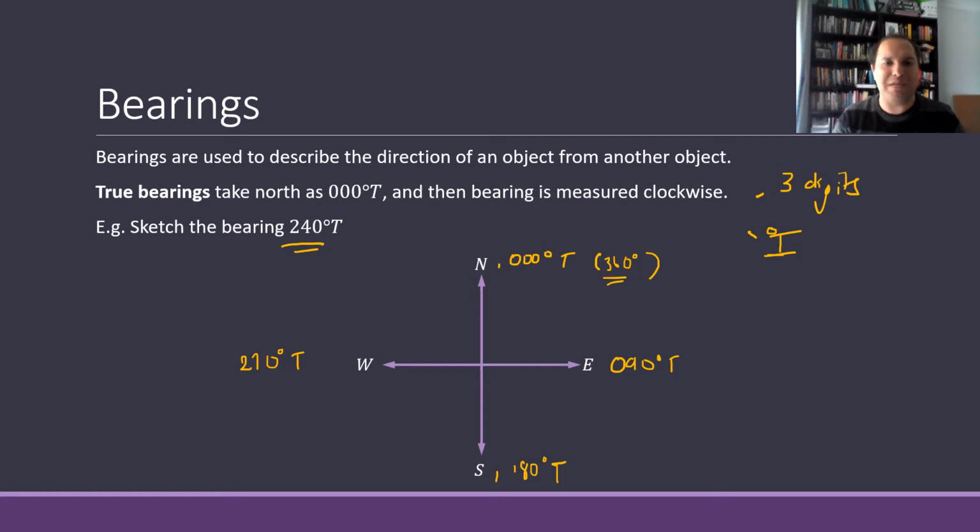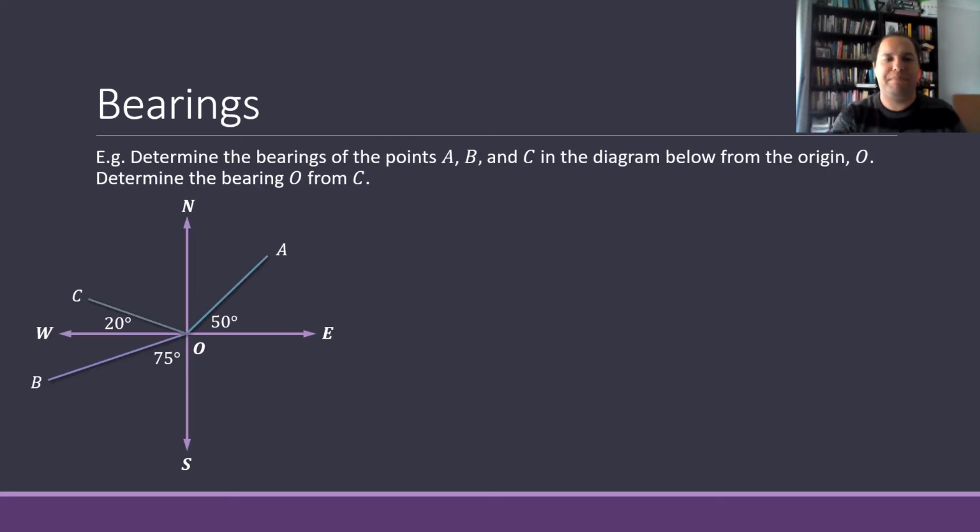Now 240 means we get to 180 degrees and then go an extra 60 degrees. That bearing gives us 240 degrees true, and that's how we can locate bearings on our compass diagram.